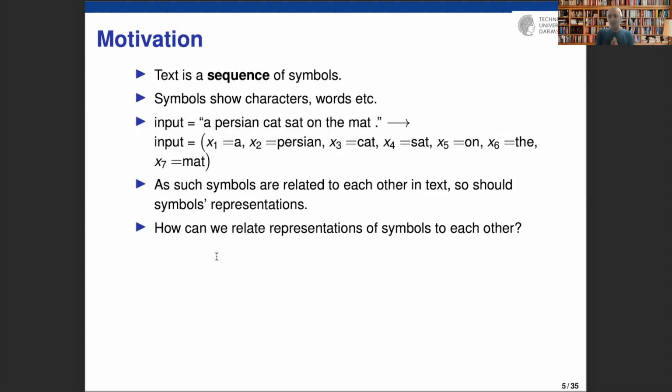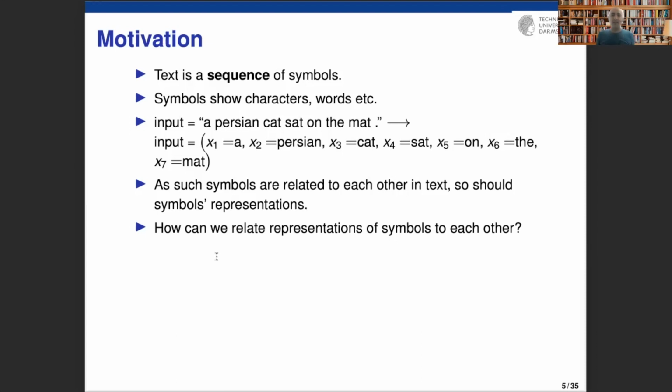So elements or symbols in a text are not independent from each other, but they are dependent, and they can have short and long dependencies. Like the first word in the text can be related to word 100 in the text, but usually the dependencies are defined over a short context.